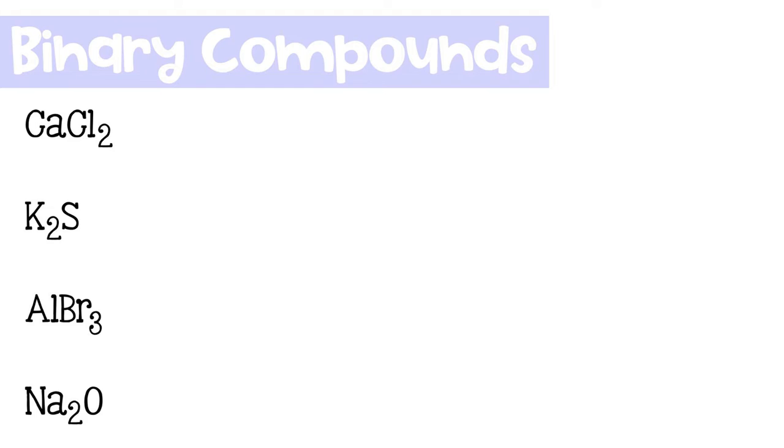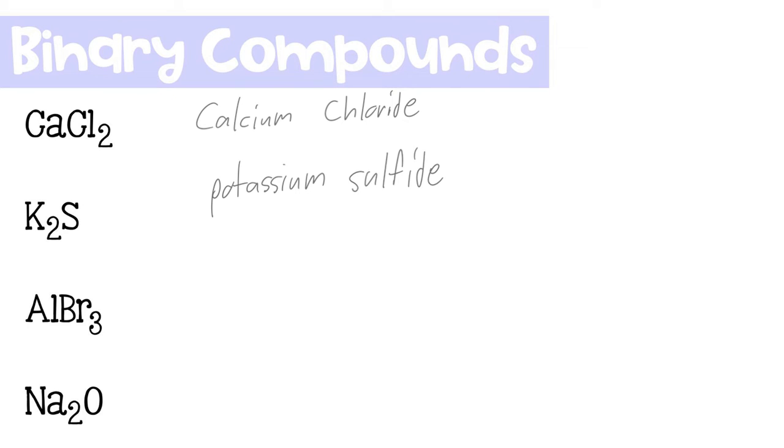Here are some examples of binary compounds. Ca is calcium, Cl is chlorine, so the name of the compound is calcium chloride. Here we have potassium, K, and S is sulfur, so we change it to potassium sulfide.